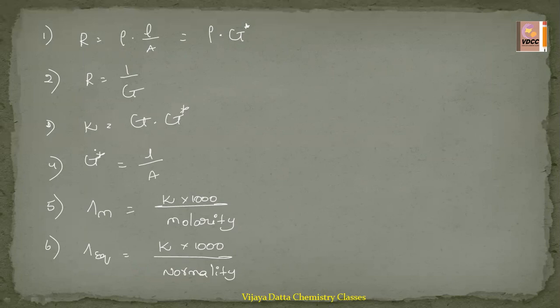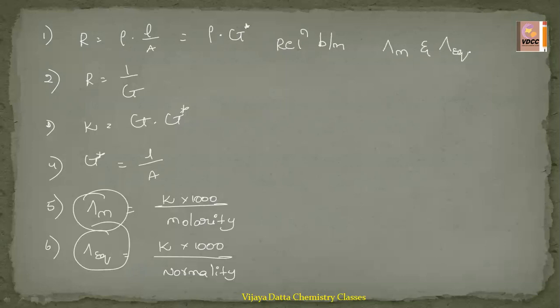Now the relation between molar conductance and equivalent conductance, that is, the relation between cap M and cap equivalent. Okay, see here. Molar conductance equals equivalent conductance into n factor.